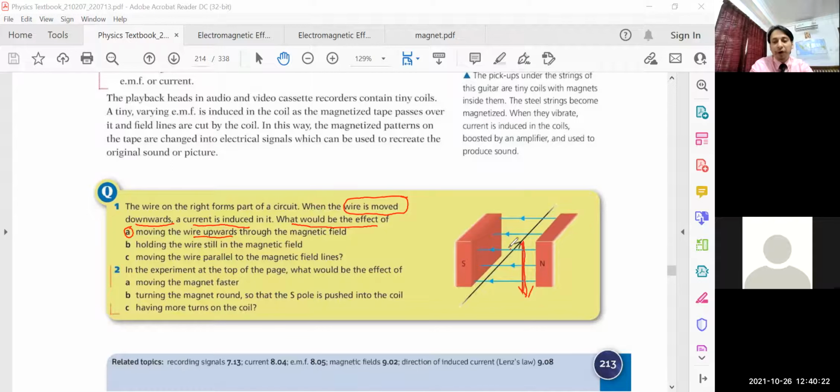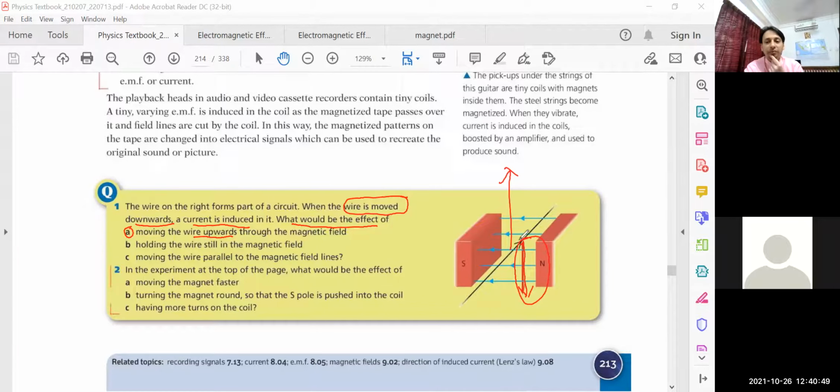What would be the effect of moving the wire upward through the magnetic field? Basically, they are looking for what happens with the current.